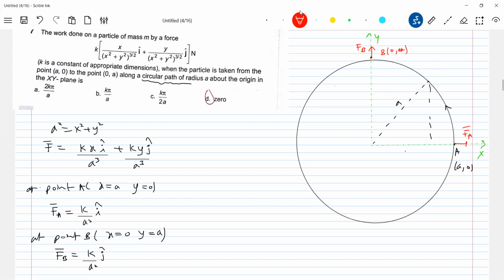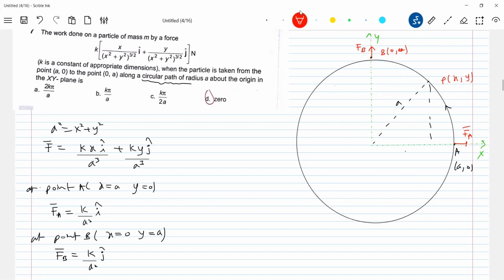Somewhere at an arbitrary point P, how will the force act?